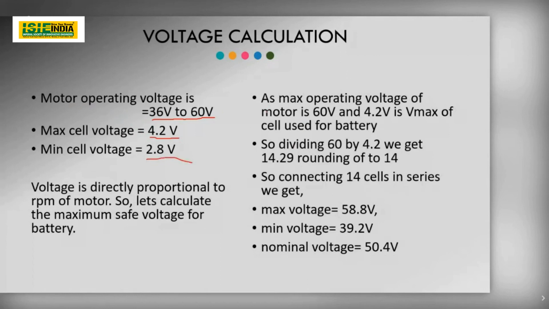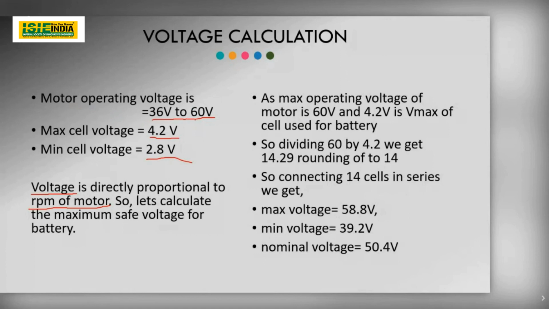Here is quick information about voltage and RPM. The voltage of the battery is directly proportional to the RPM of the motor. Thus, if battery voltage is high, RPM of the motor will be high. So if we want our vehicle to run at its maximum speed, its RPM should be as high as possible.